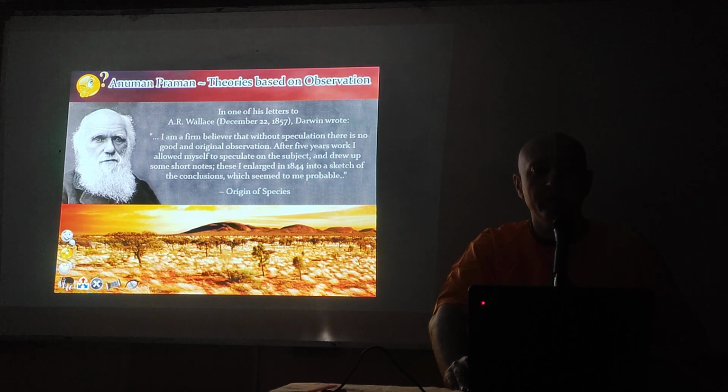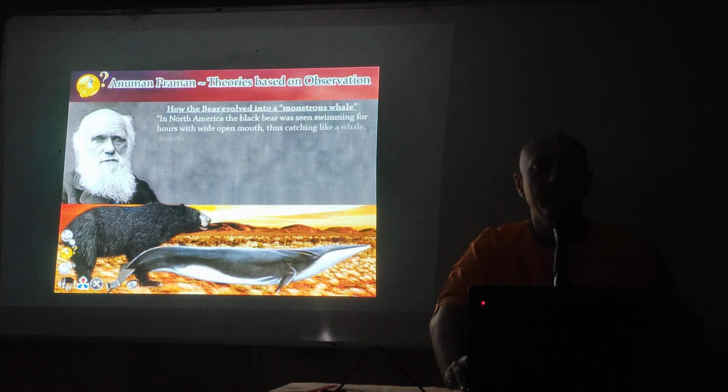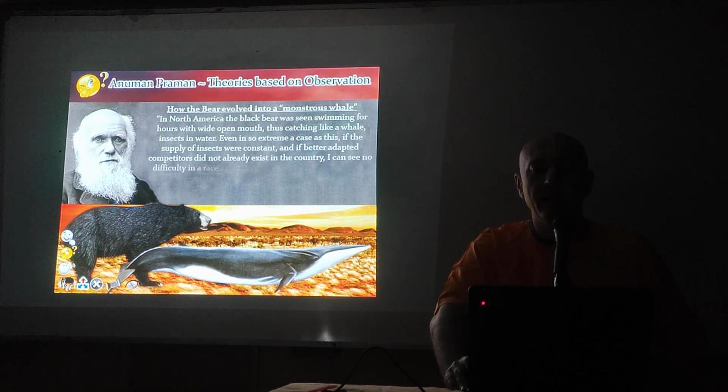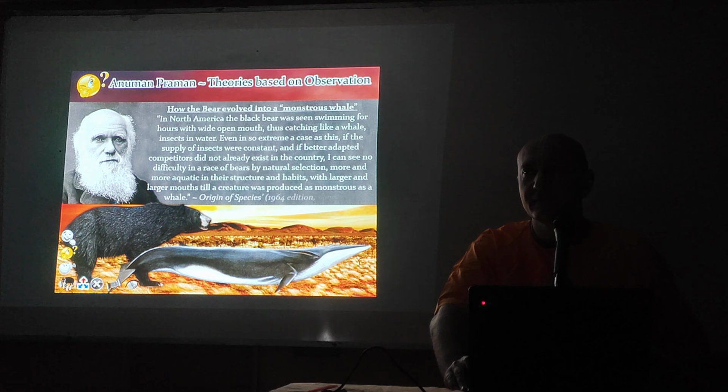So what is the reality? He said, in North America, the black bear was seen swimming for hours with wide open mouth, thus catching insects in water like a whale. Even in so extreme a case as this, if its supply of insects were constant, there are so many ifs and maybes.